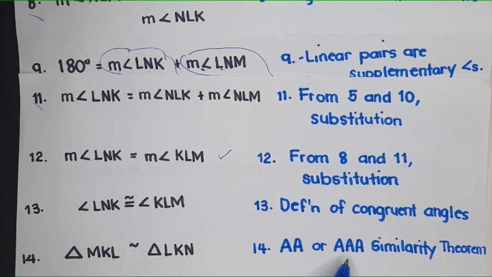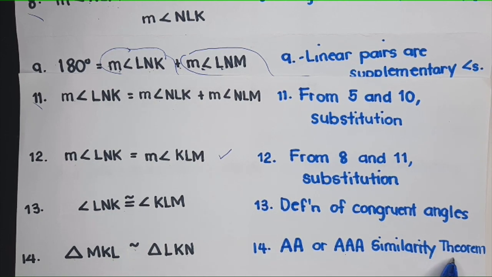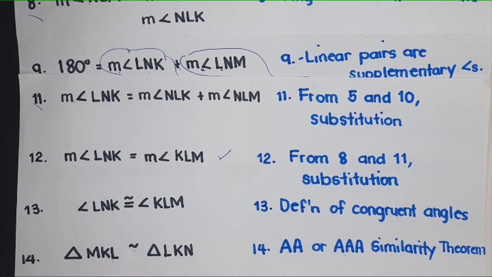If you proved three congruent corresponding angles. Okay? So it's AA or AAA similarity theorem. Now, since we were able to prove that these two triangles are similar, we can say something about their sides.